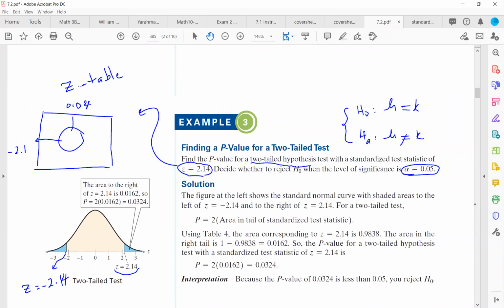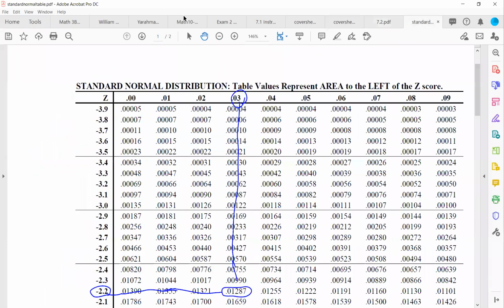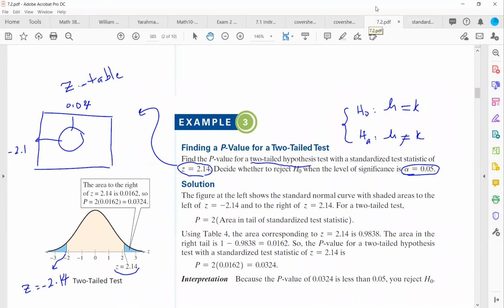This area, let's take a look at this. Let me show you. Negative 2.14. So negative 2.14, which is almost 2%. Perfect. This little area is almost 2%.